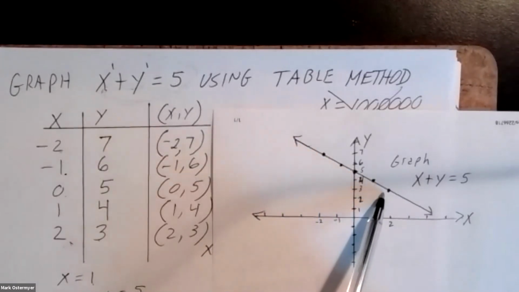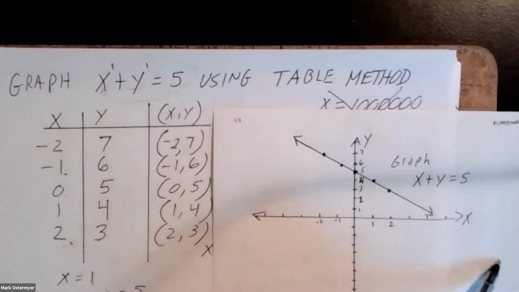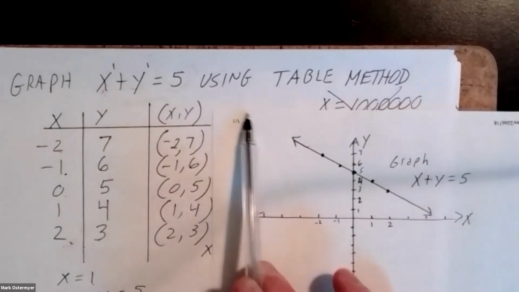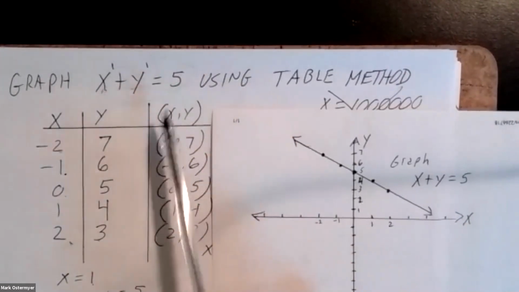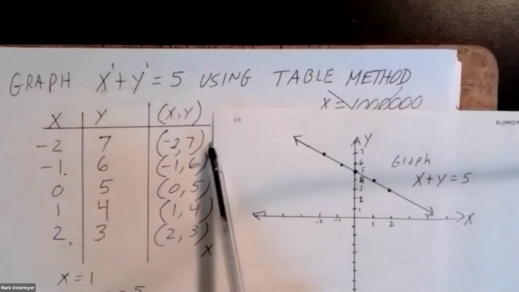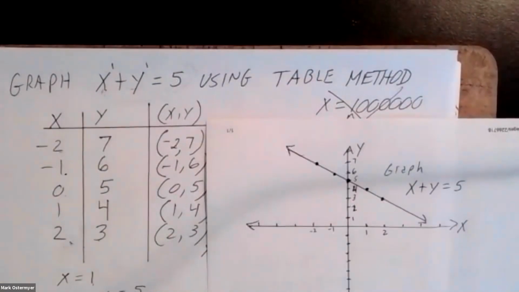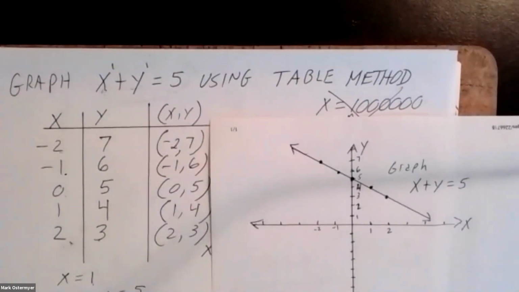I just plotted 5 of them. There's an infinite number of other ones. This line goes forever this way and goes forever what? Up this way. That's why this linear equation has an infinite number of ordered pair solutions. We just found 5 of them. But there's really an infinite number of other ones. Infinite. So many you can't even enumerate them or count them all.